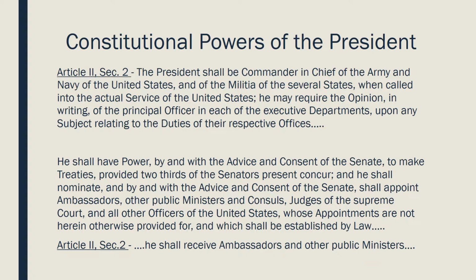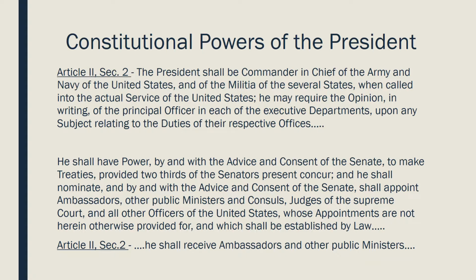The President shall be Commander-in-Chief of the Army and Navy of the United States and of the militia of the several states when called into the actual service of the United States. He may require the opinion in writing of the principal officer in each of the executive departments upon any subject relating to the duties of their respective offices.